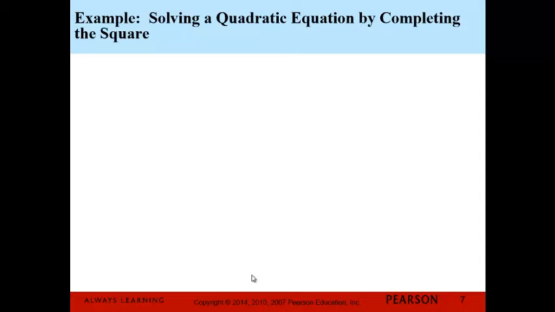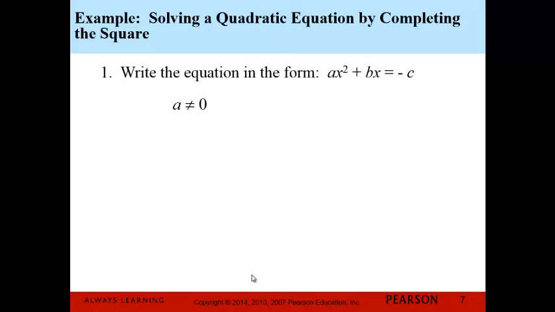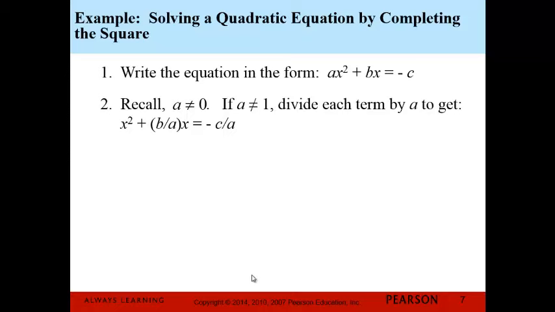Solving a quadratic equation by completing the square is a process that manipulates the equation so that it is in a form where you can use the square root property. So the first step is to take your equation, whatever form it's been presented in, and write it as ax squared plus bx equals -c. Remember that a will not equal 0.